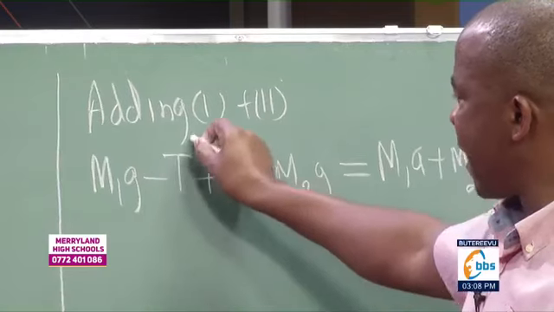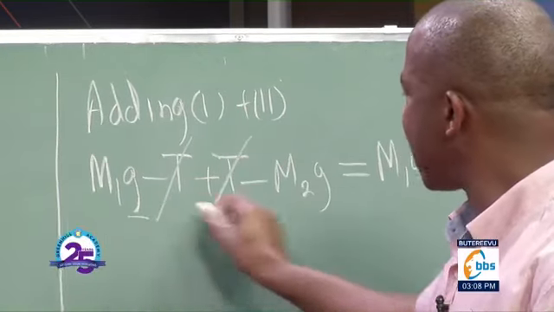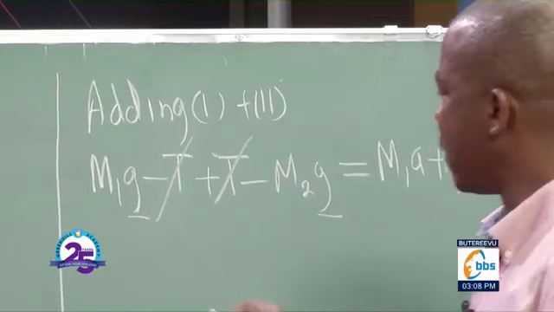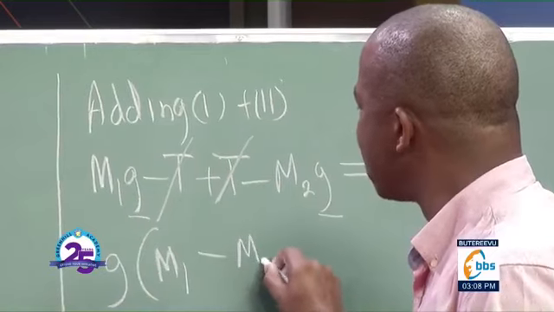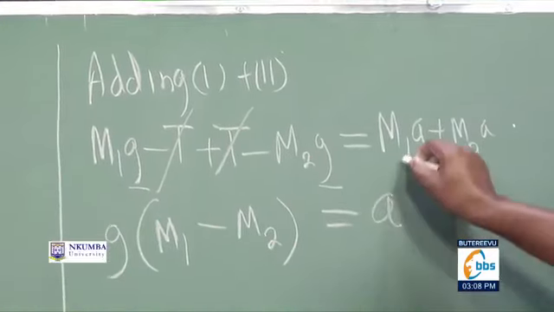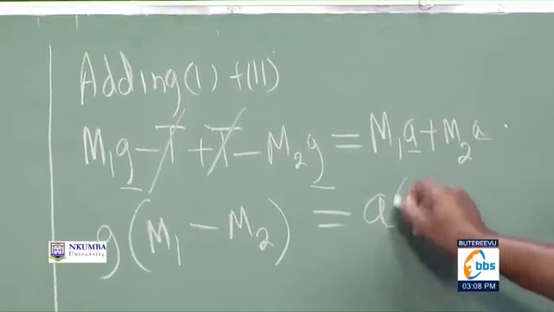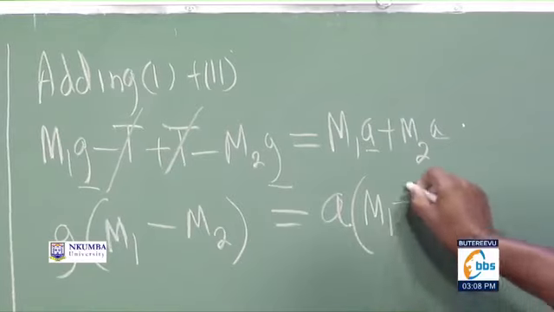T here is an additive inverse, so it will cancel out, and G is a common factor. So if we pull out that common factor, we shall get M1 minus M2 times G being equivalent to, we pull out A here, as A is also a common factor, this bit of factorization, and we shall have M1 plus M2.